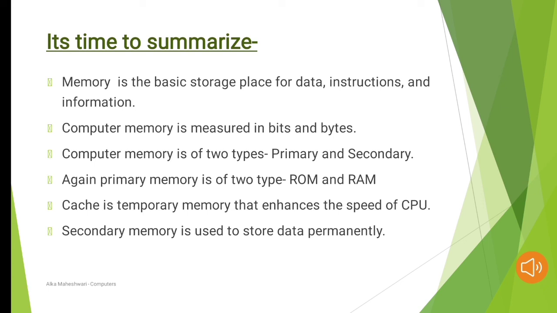Cache memory is used to increase the speed of the CPU. Secondary memory is the storage device which is used to store a huge amount of data for future use. Computer memory is measured in bits and bytes.